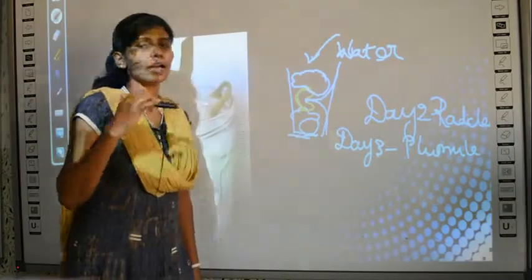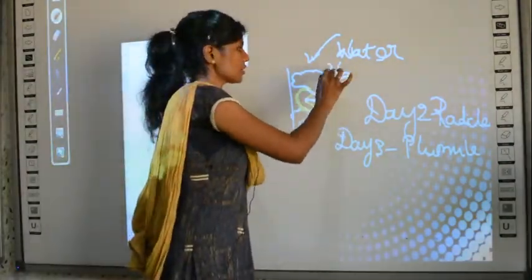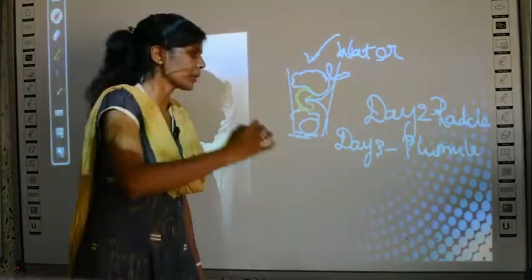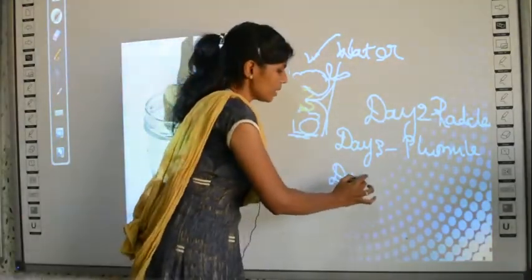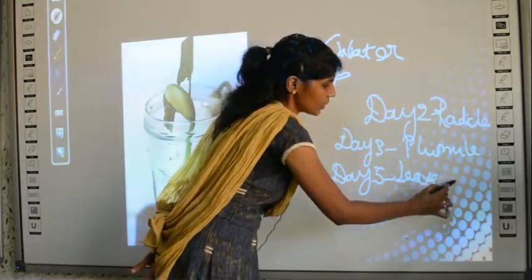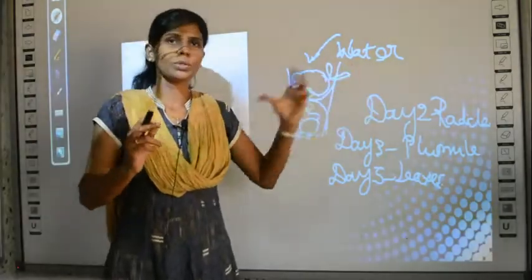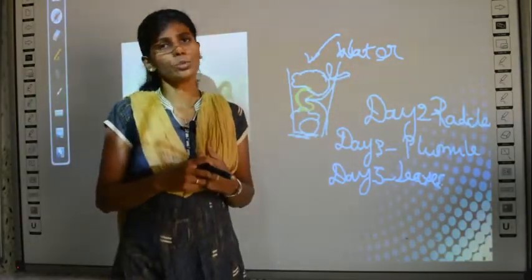Then after 1 or 2 days you will get 1 or 2 leaves from your plumule, that is the shoot system. Then you can write maybe day 5, leaves, in your observation note. And after you get leaves, take a picture and send it to me.